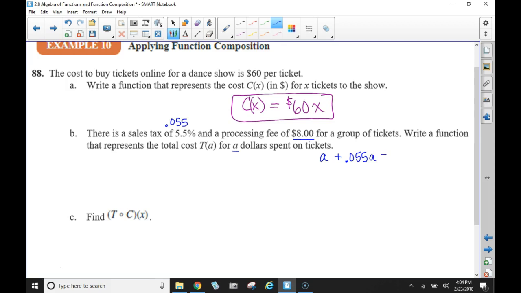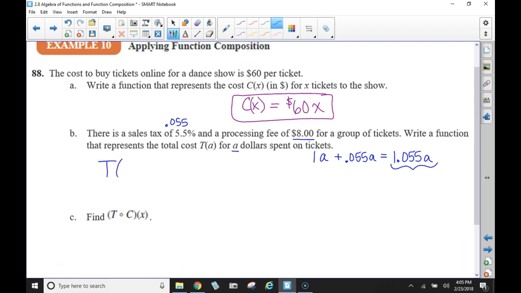And so what that comes out to be is, when you combine 1A plus 0.055A, you get 1.055A. Okay? Now all this is the total cost of the tickets, just with tax applied.